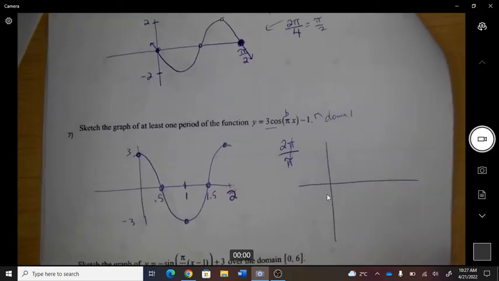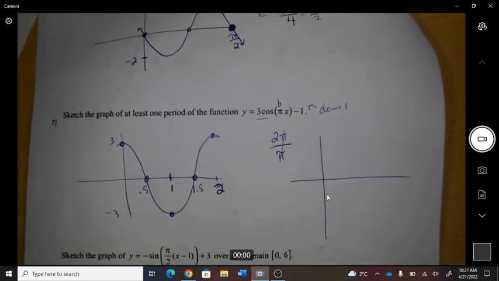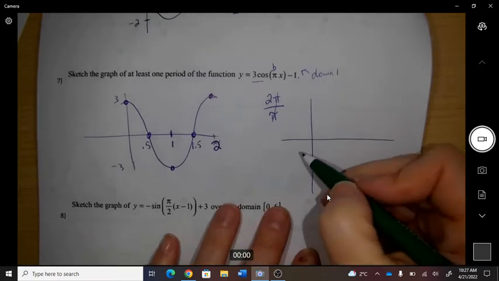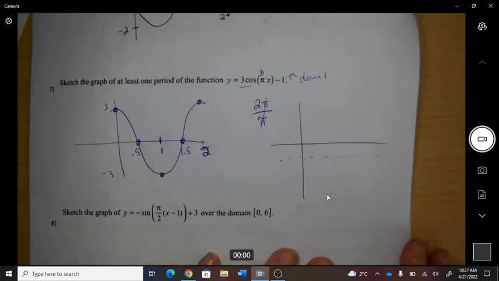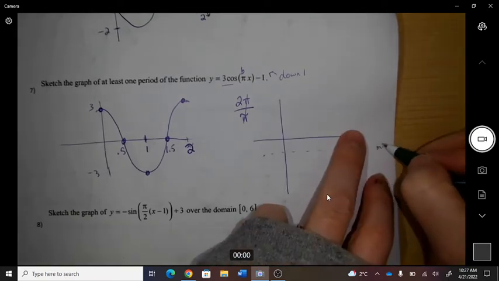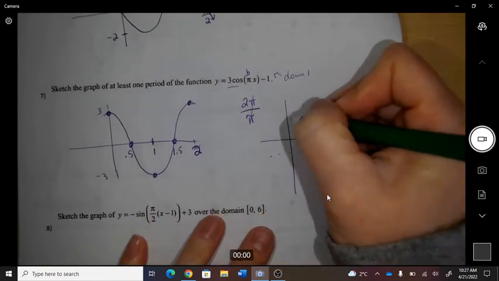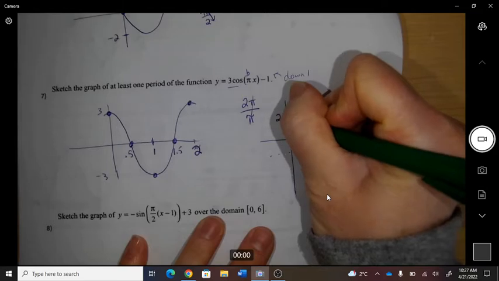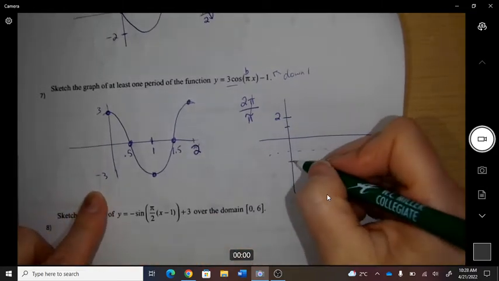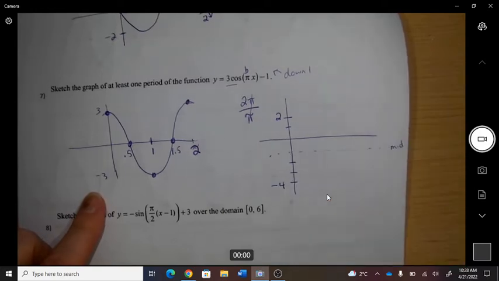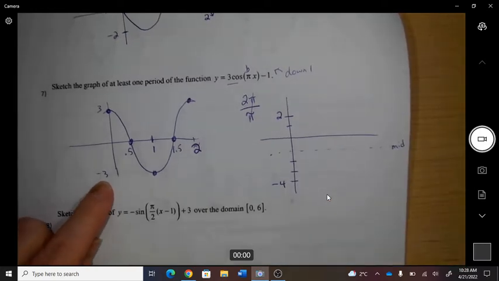So what I do is I often make some guidelines for myself here. So if I go down 1, I'm going to draw that as my middle. And then 2 is now my top height instead of 3. And -4 is going to be my bottom now because I moved those numbers down 1.